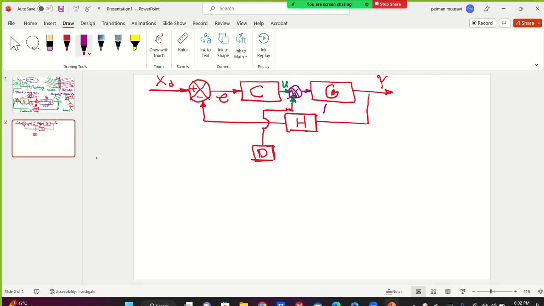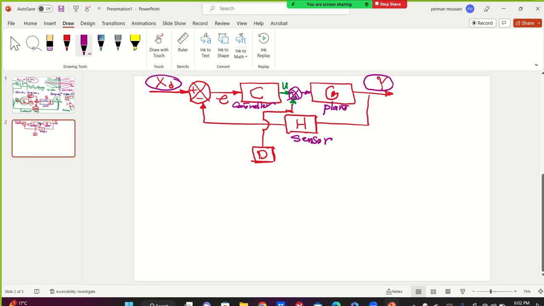So this is your plant, this is your controller, this is your sensor, these are the desired input that you want to follow, the real output of the system, the error signal, and the disturbance of the system. Clear, guys? Yes?